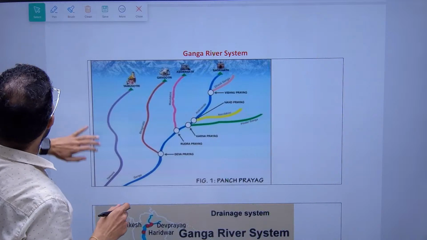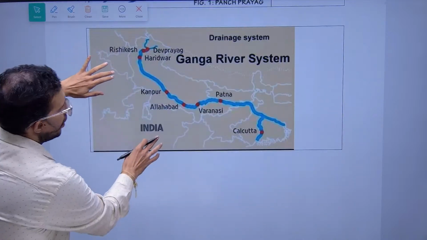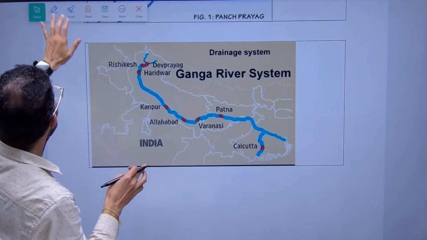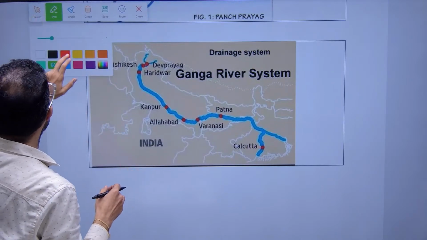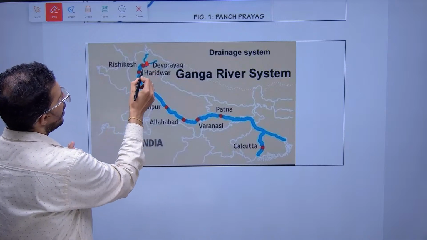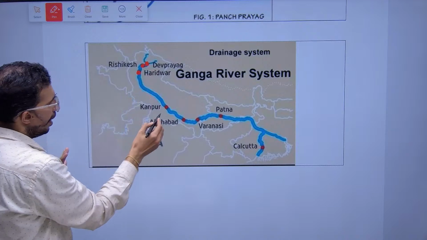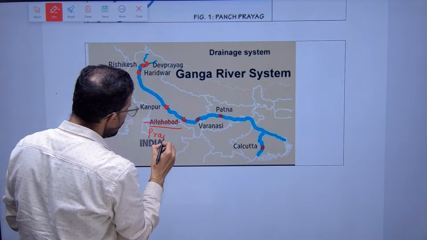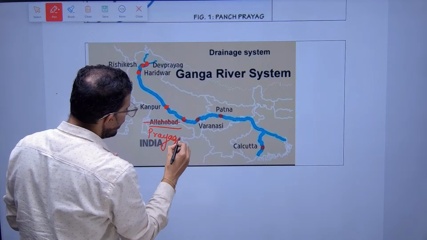Then talking about the places situated on the banks of river Ganga, we are seeing the important ones. We know the Dev Prayag, Rishikesh, Haridwar, Kanpur, Allahabad. Now it is known as the Prayagraj.